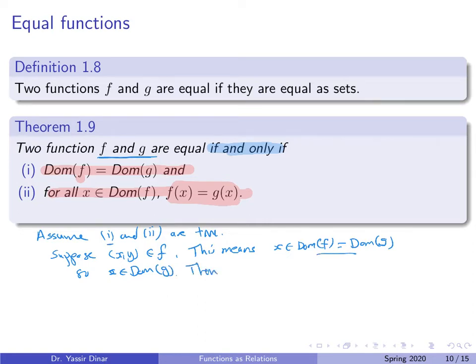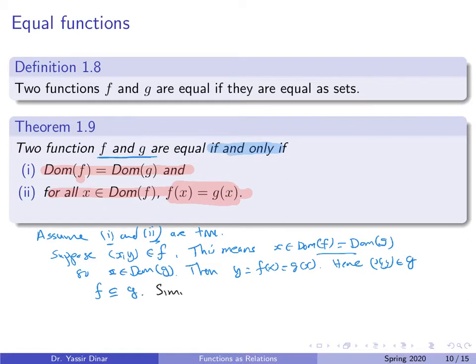Then y is equal to f of x, but from the second condition, we know that f of x is equal to g of x. Hence, (x, y) is in g, which means that the relation f, or the function f, is a subset of g.